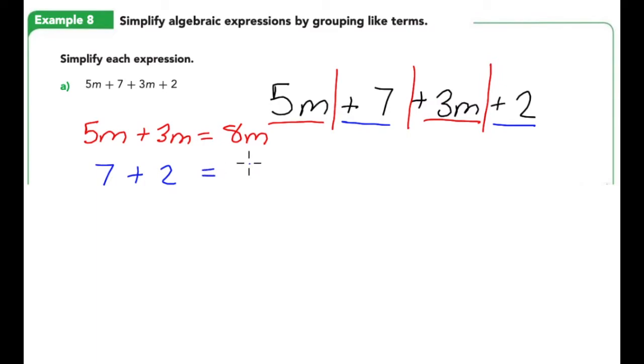And that leaves us with 9. So once we combine our like terms, we're left with a positive 8m and a positive 9. So my simplified expression is 8m plus 9, or it could be 9 plus 8m.